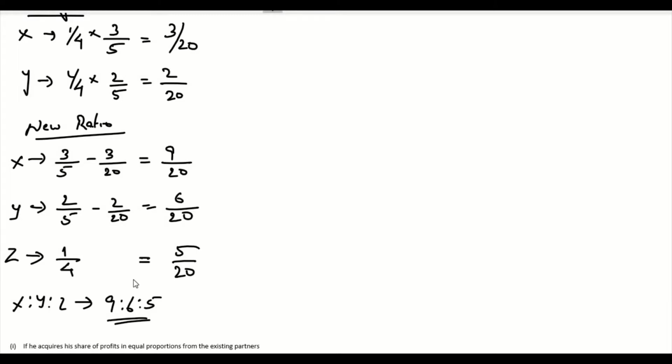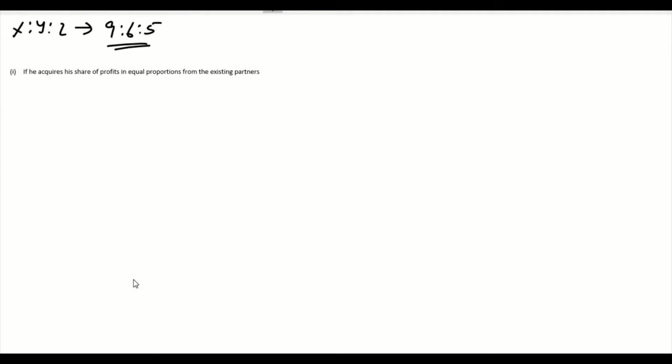Then we have the second scenario. If he acquires his share of profit in equal proportions from the existing partner, that means what? We have X and Y, their existing ratio is 3:2, and we have Z who got 1/4 share in the profit, which he is acquiring equally from X and Y. That means 1/2 and 1/2.